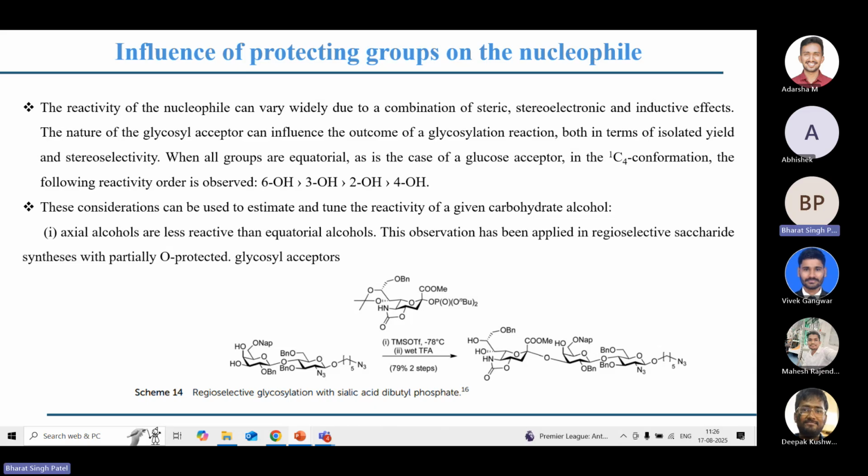And also, the equatorial hydroxy has more reactivity compared to the axial one. If you see this reaction scheme, there are two hydroxy groups present, equatorial and axial. So here the equatorial hydroxy group undergoes glycosylation, even with very good selectivity, 79% yield in presence of the C4 hydroxy group.